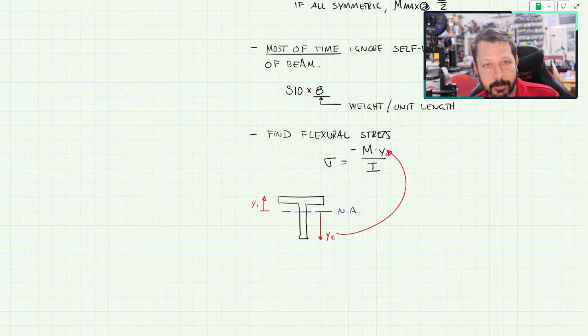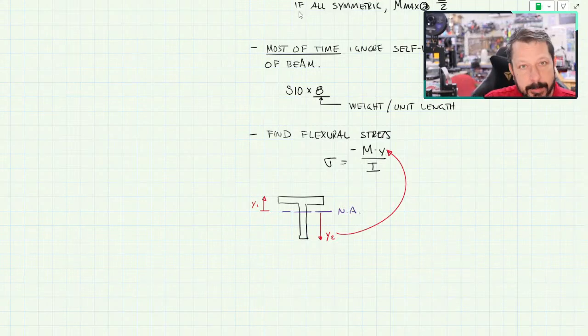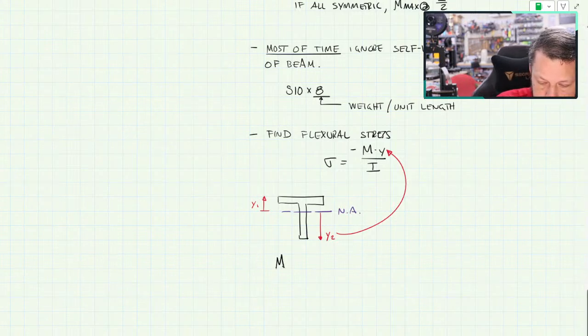Another thing you might be given is find the maximum tensile flexural stress or compressive flexural stress. So it might specify tension or compression. In that case, you need to know, is tension on the top of the beam or the bottom of the beam? How you tell that is if the bending moment M is greater than 0.